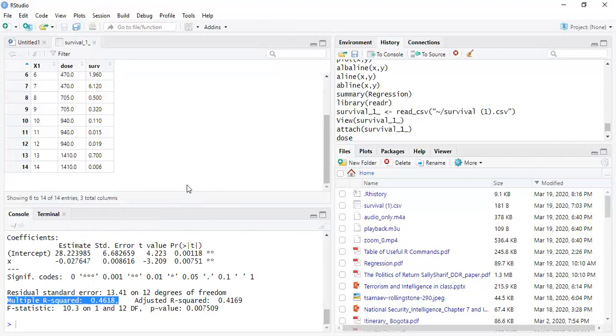But there is a relationship. So we reject the null hypothesis that there's no relationship between these two, and we accept an alternative hypothesis that there is a relationship between these two variables based on all this.